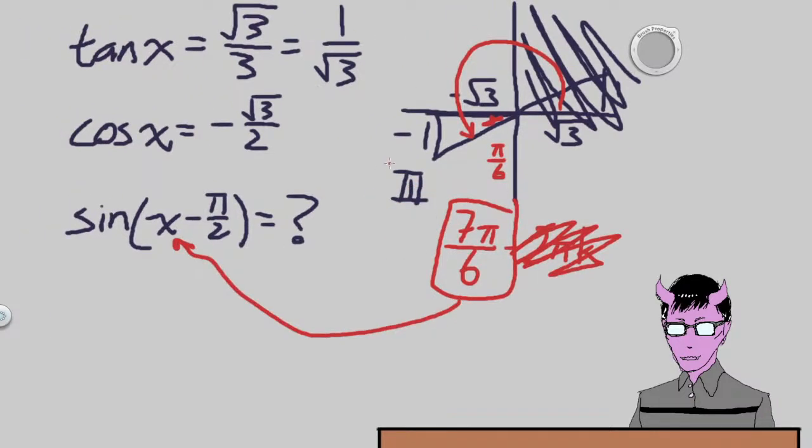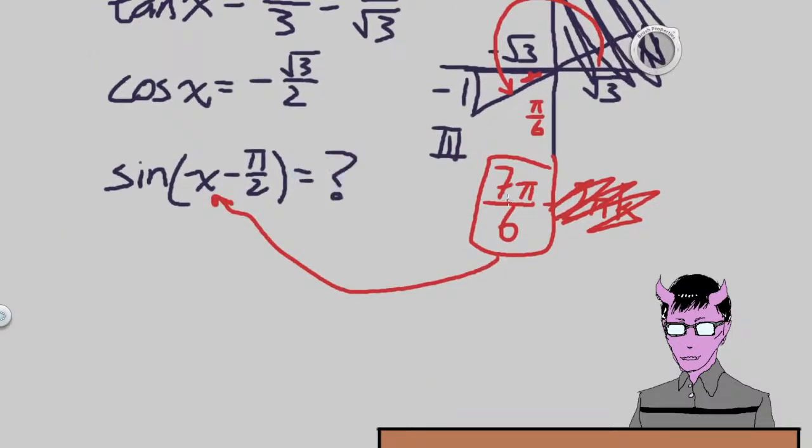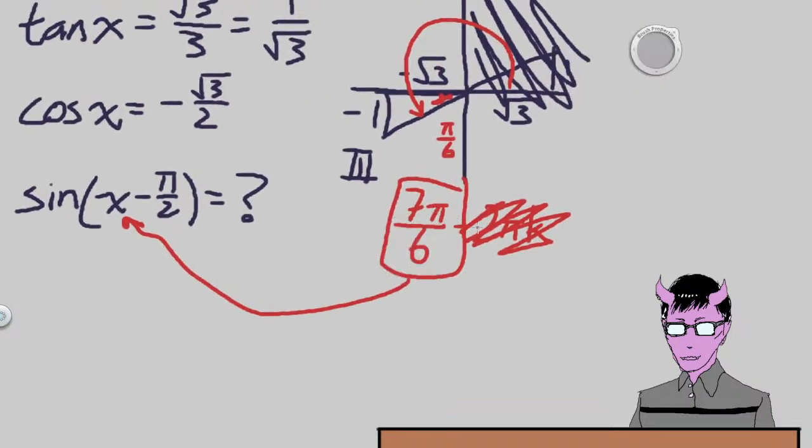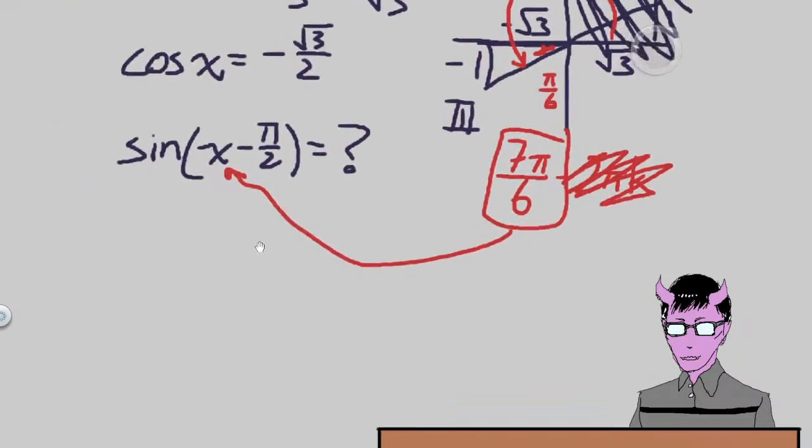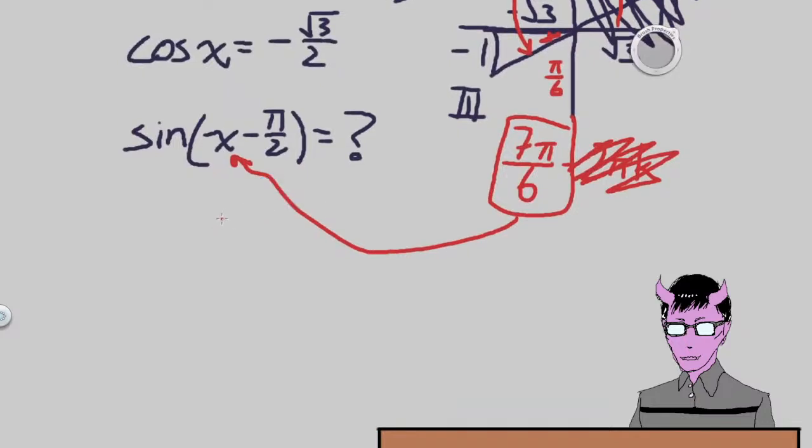So we're slam dunking that into there. For some reason, we're taking away pi over 2. It's some sort of unusual shifting, but that's okay. We can just simply evaluate. So again, we don't care about the other coterminal angles. If we take this one and plug it into this one, we're going to subtract pi over 2.